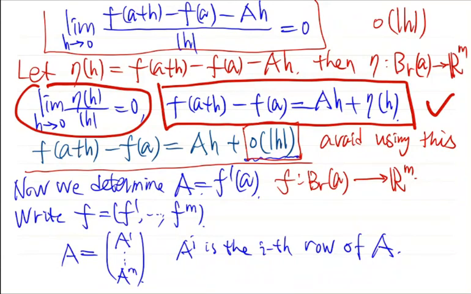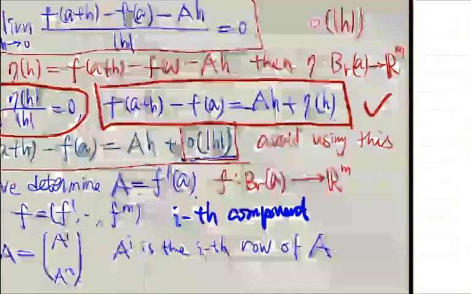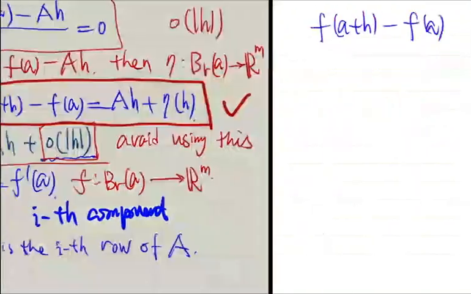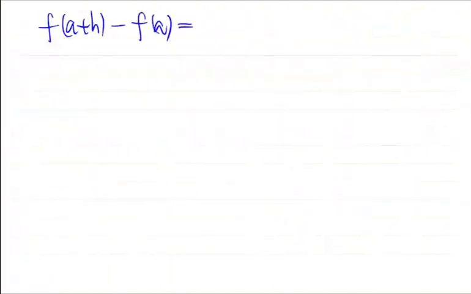Therefore we can consider the ith component of this equality. I have no space, I need to go to the next page. Our equality is f(a+h) − f(a) equals Ah plus eta(h).